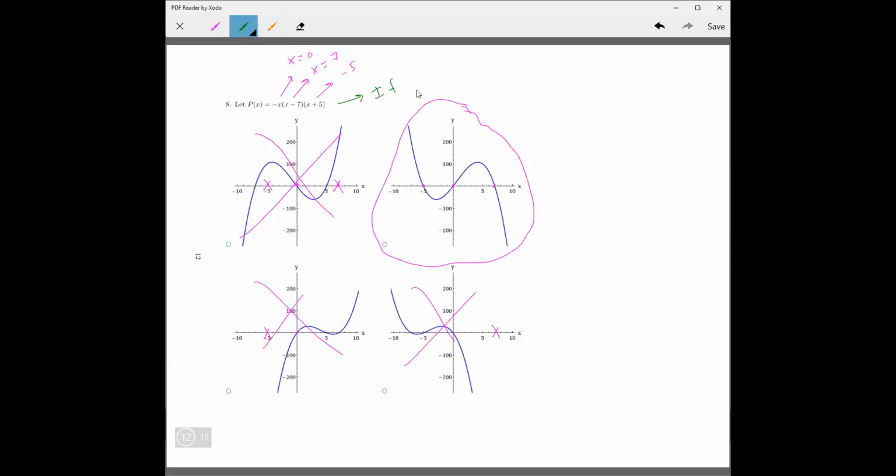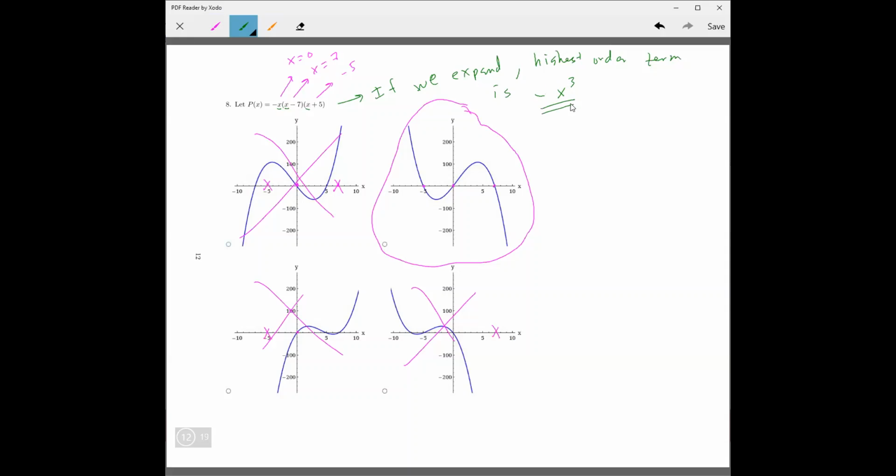If we expand all this, you don't have to expand the whole thing. You just look at the x's. The highest order term is negative x to the third power, because there's 3 x's, 1, 2, 3 x's, with a negative on the front.